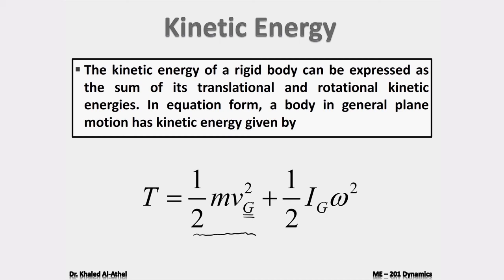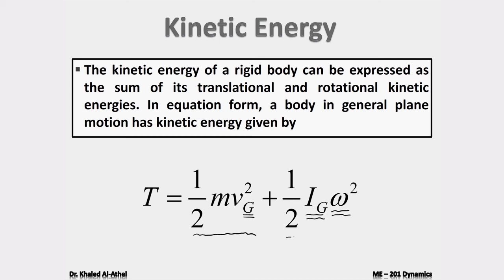We also add to it the rotational kinetic energy. In this form, for the rotations, instead of velocities, we have angular velocity, omega. And the equivalent of the mass for rotational effects is the mass moment of inertia, IG.